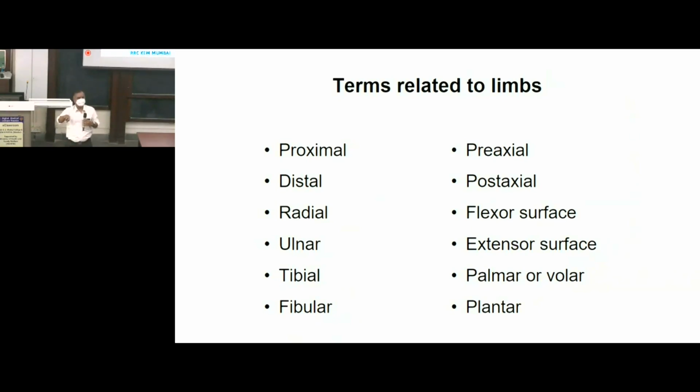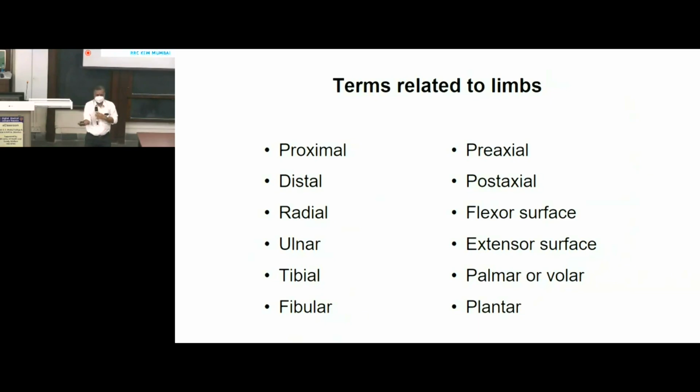I'll repeat it, okay? Preaxial, the concept you remember. Concept is both the limbs are offshoots like this. So there is an axis. Border which is above this axis is pre. Border which is below this axis is post. Upper limb gets rotated like this. So the outer border becomes preaxial border.